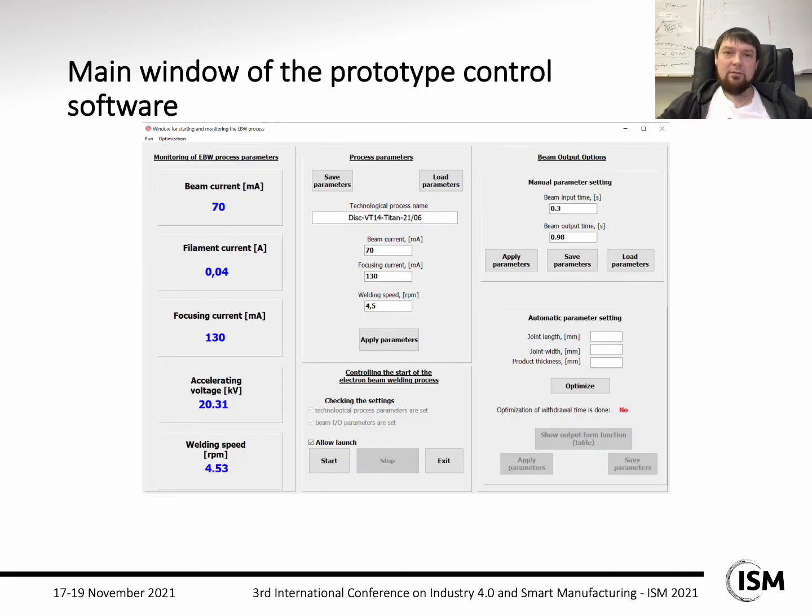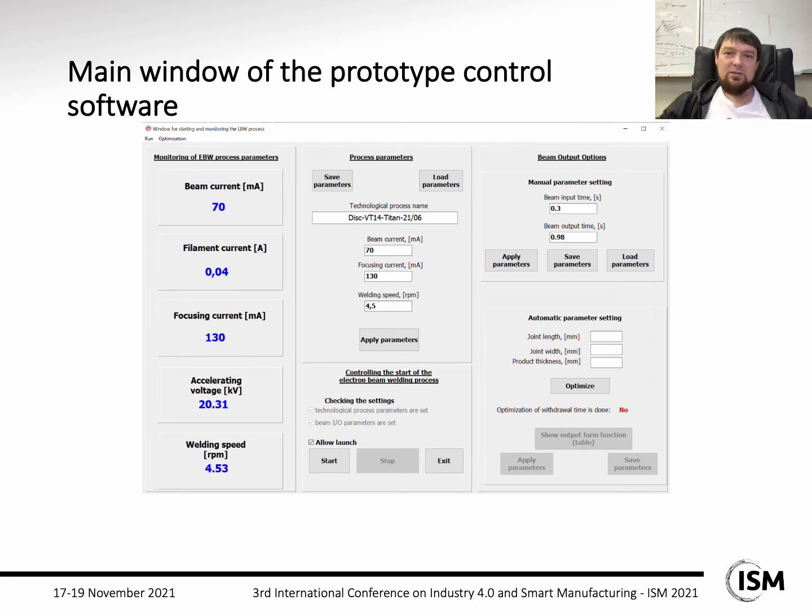The prototype of the software system is designed to control the process of electron beam welding of thin wall structures based on mathematical models and algorithms for controlling the modes of electron beam output. This paper considers the limited functionality of the system presented by the program, namely the automatic parameter setting model, in which the stage of electron beam extraction is optimized.